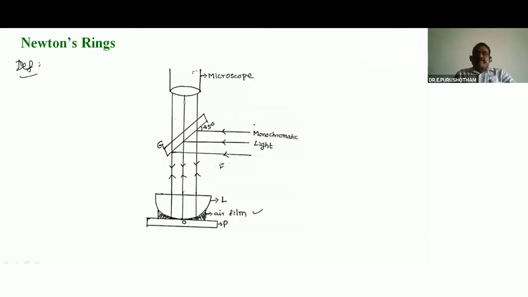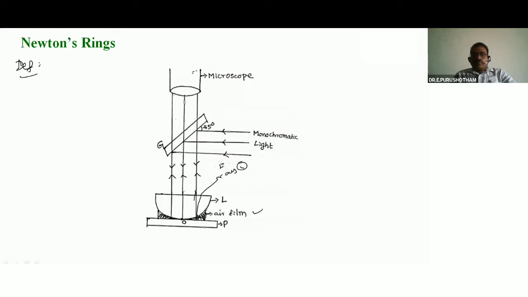A monochromatic light beam is allowed to fall on the glass plate with 45 degrees angle vertically. These rays are reflected and allowed to fall on the plano-convex lens and air film. These rays are reflected. For example, it is reflected as ray 1.